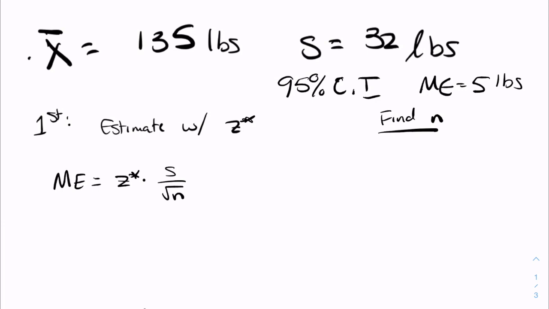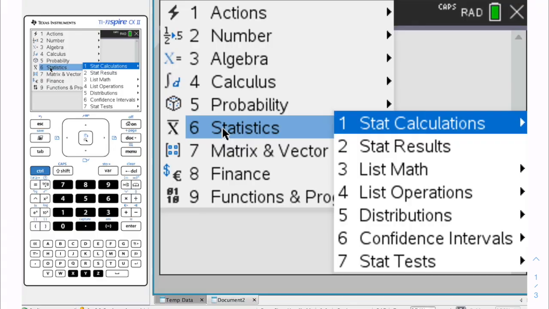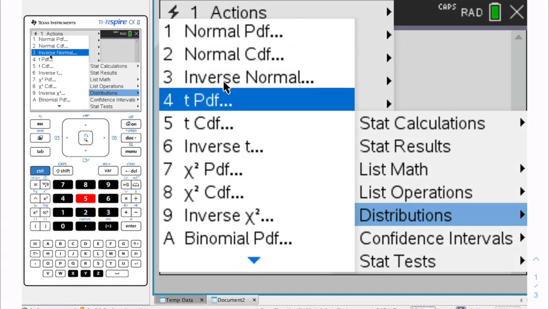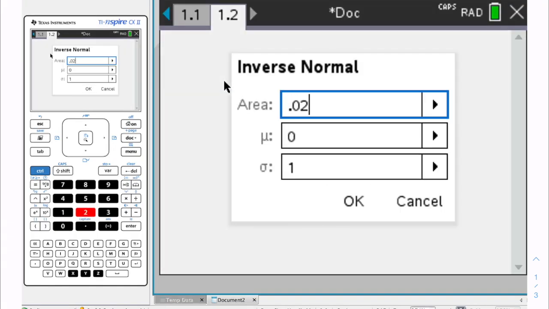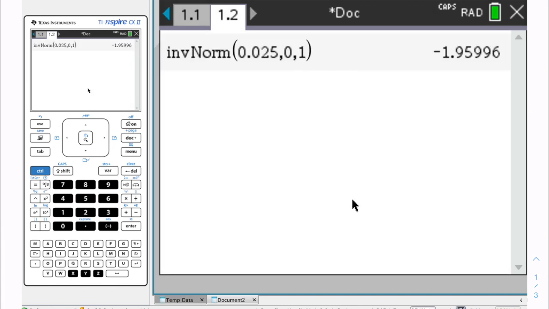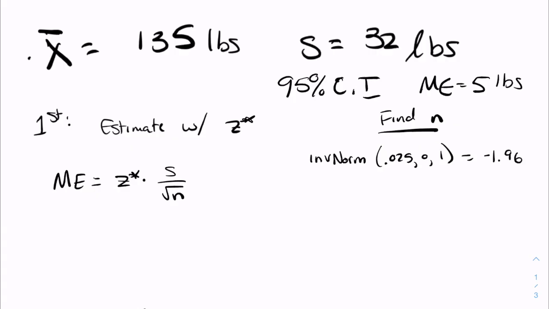If I fill these in, and we need our critical value for a 95% confidence interval, we can just do inverse norm, and it can go either way. We can go 0.025, since this is a 95% confidence interval, with 0 and 1, because this is a standard normal model, or we can do 0.975. Either way is fine. This one will give you negative 1.96. We know that's going to be positive because it's plus or minus. Either way, it should be the same.